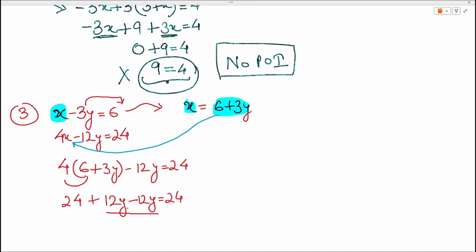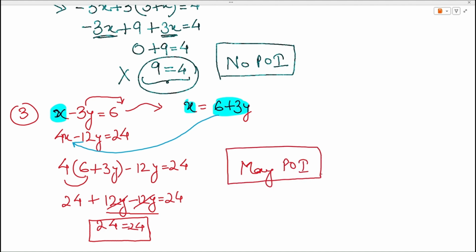These two like terms, 12y minus 12y, give us a 0. So we get 24 is equal to 24. And we know that 24 and 24 are always equal. So it is always true. Hence, when you get this kind of thing while solving, there are infinitely many points of intersection for the linear system.